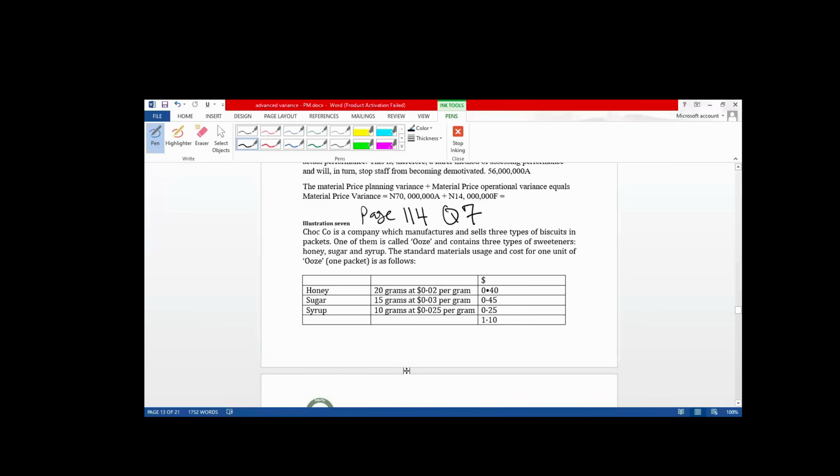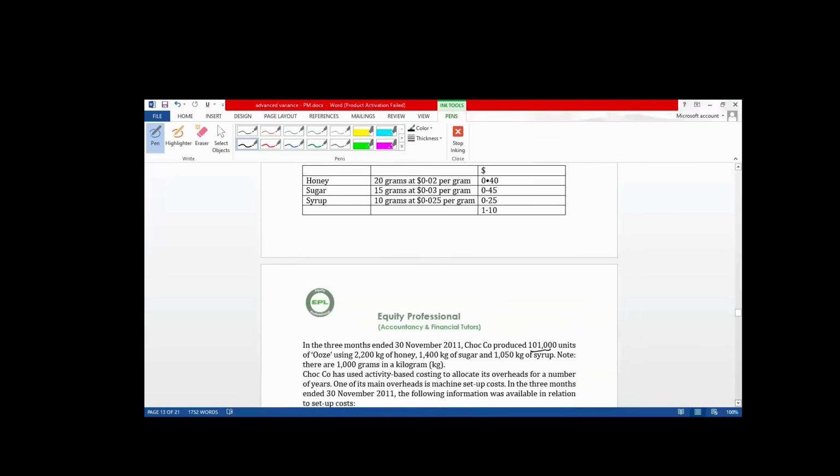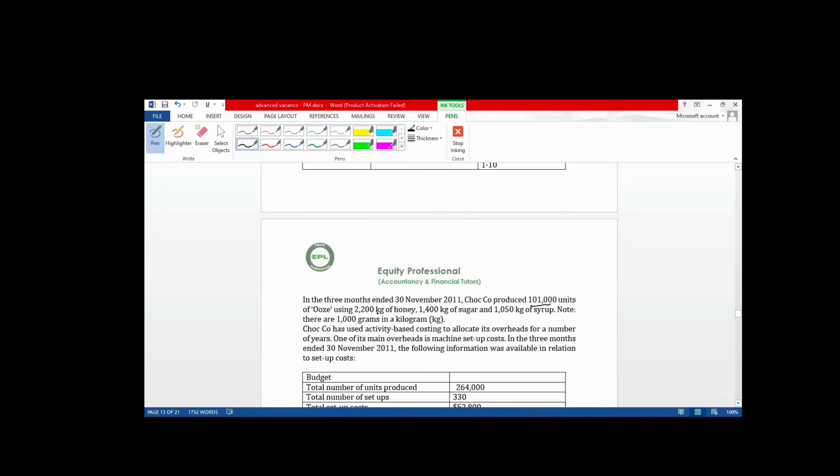And the examiner says standard, I require 20 grams. But we need to convert, this is kilograms. The examiner says note, there are 1,000 grams in a kilogram.